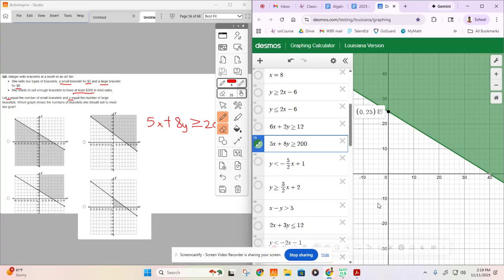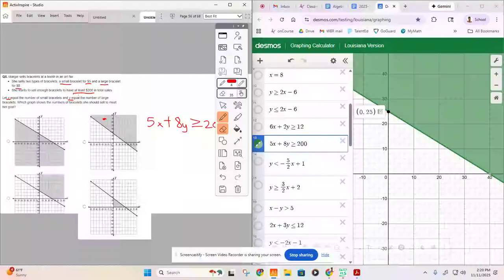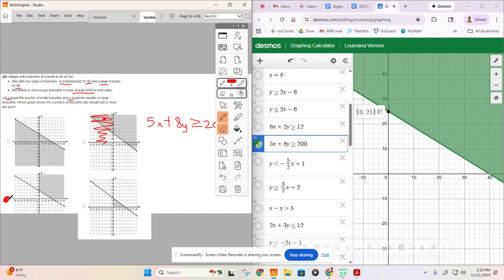Let me tell you why. Over here, these are negative numbers of small bracelets. The X values are negative. Can she sell -2 bracelets? No, it's impossible. So anything in this negative quadrant is not part of the solution. So my answer is actually this one that just has the shaded area in the first quadrant, where it's just positive numbers.